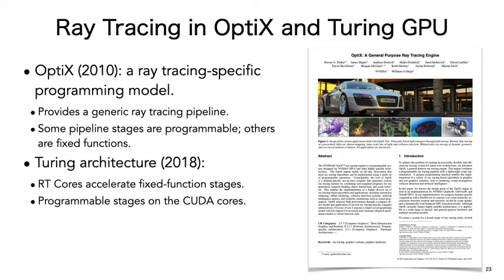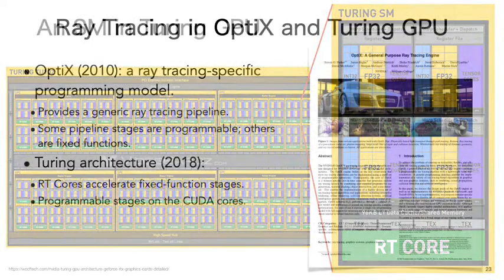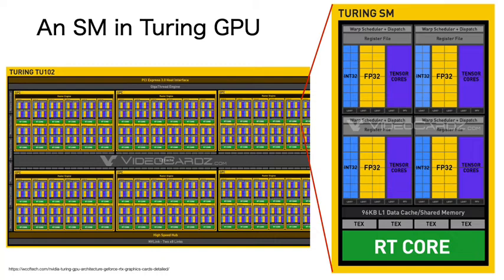And in the Turing architecture from 2018, NVIDIA uses RT cores to accelerate the fixed function stage, and the programmable stages are executed on the conventional CUDA cores. And this is how an SM looks like in Turing GPUs, where you can see that within the SM there are conventional CUDA cores, and there is the RT core which is used to execute the fixed function stage, and in particular the BVH tree traversal.